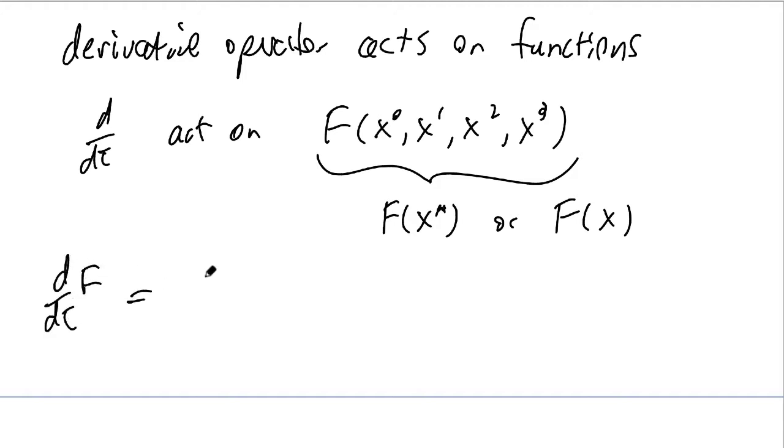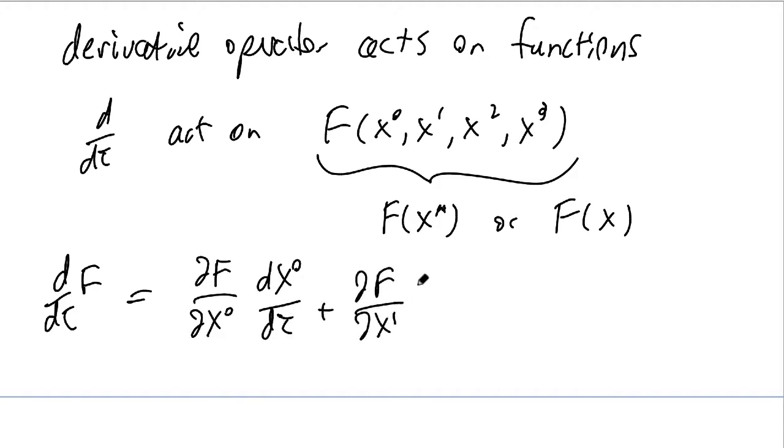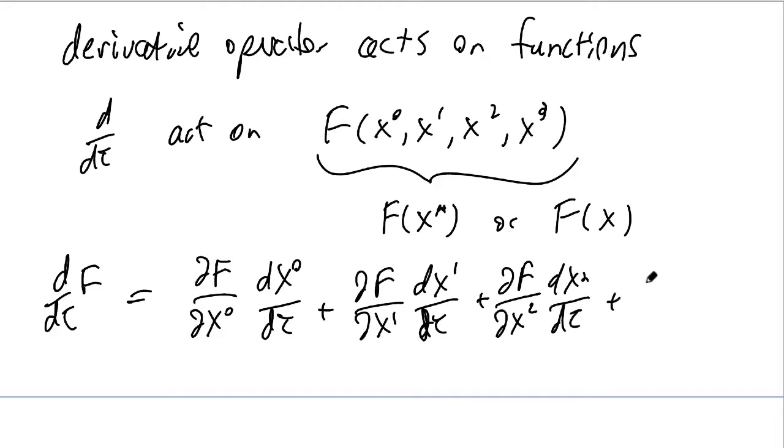is equal to partial of f with respect to x0 times dx0 d tau plus partial f with respect to x1 dx1 d tau plus partial f with respect to x2 dx2 d tau and partial f with respect to x3 dx3 d tau.